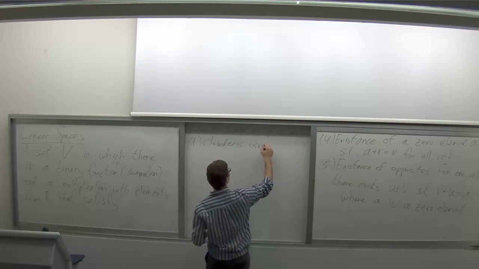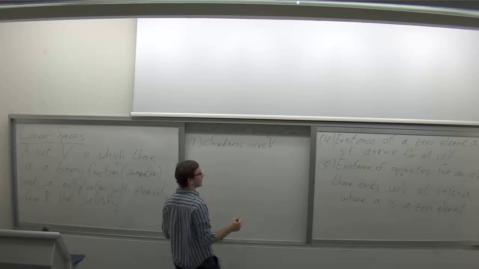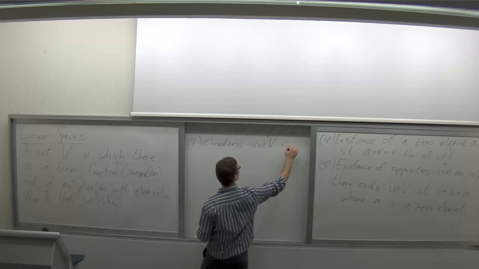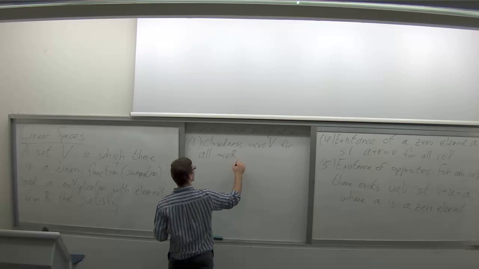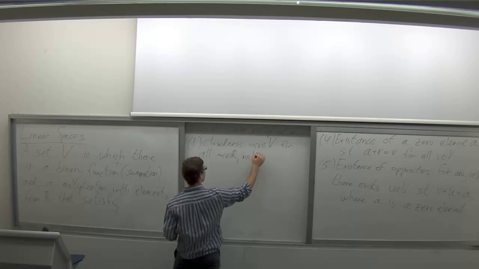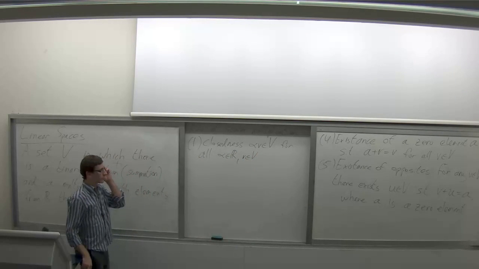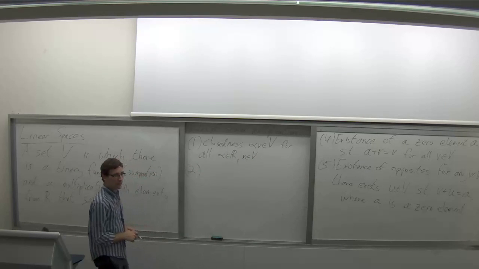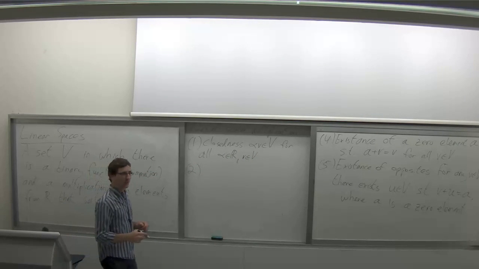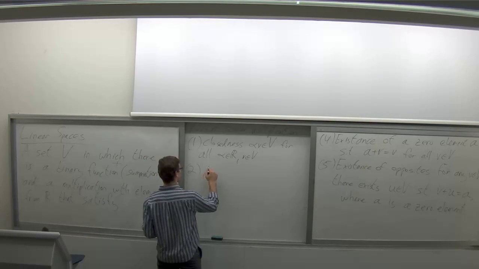Alpha V has to be in the big set V for all alpha in R and V in V. Some kind of associativity.